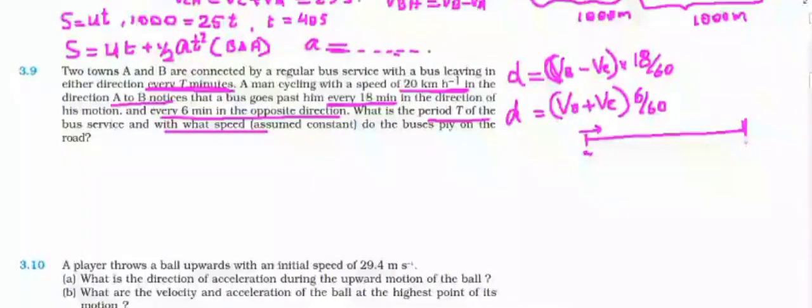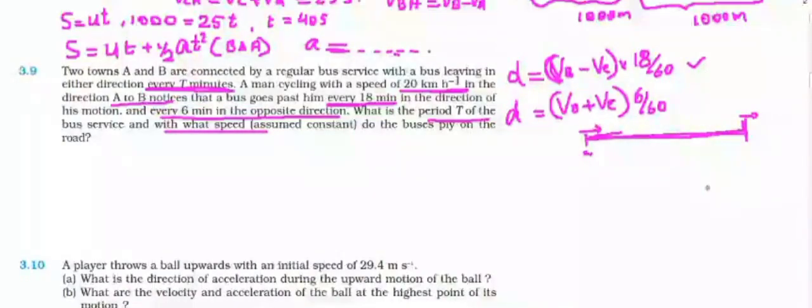When the cyclist reaches the second point, you can see next bus will overtake him. So the second bus will take this much distance from the first bus to overtake the cyclist with the constant speed. That's the first formula we have calculated.